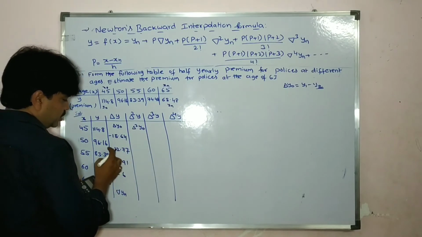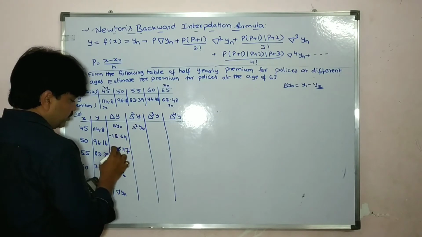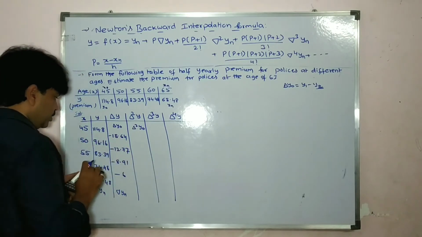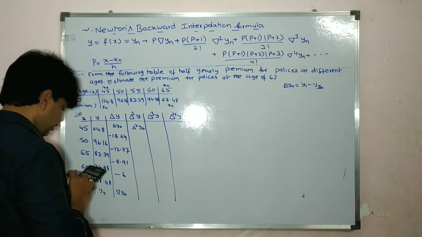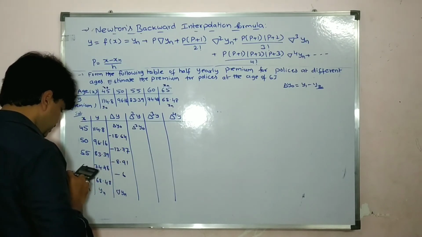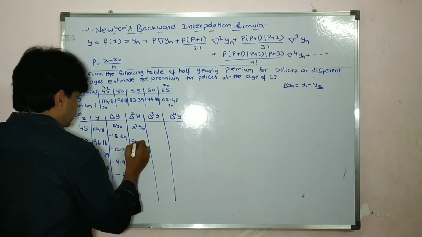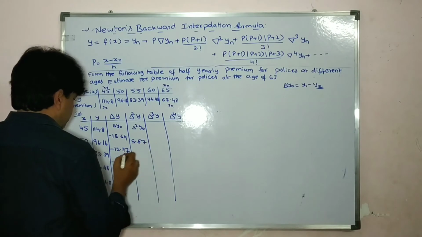Now del square y naught. Again you subtract: minus 12.77 minus of minus 18.64, minus in minus becomes plus, so plus 18.64, we get 5.87.